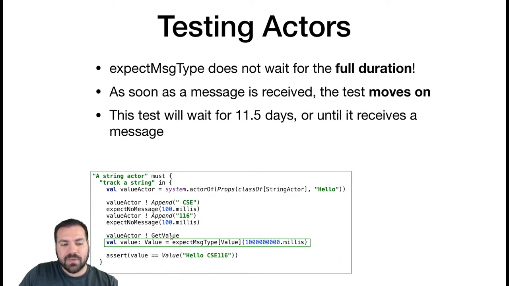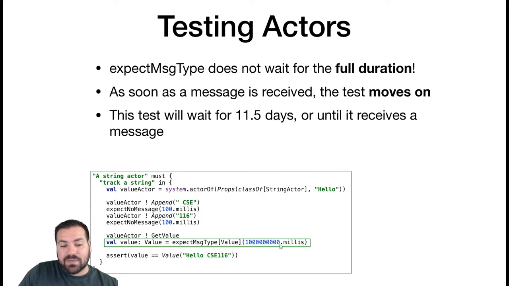This get value, it's going to be sent. We're going to get value back in just a couple of milliseconds and then move on. So only a few milliseconds is going to pass on this line if everything's working properly. This is important for your clicker assignment when you're expecting a message type and maybe you give it 5 seconds to wait, which it's safe to just stick with the second each time.